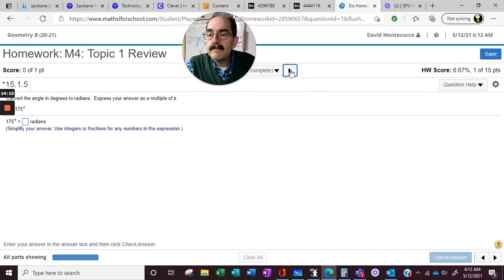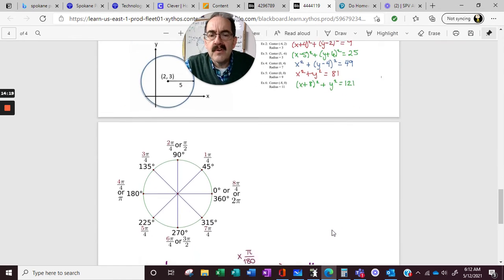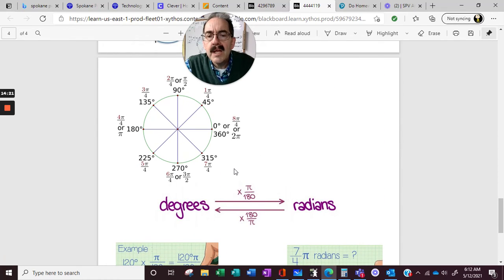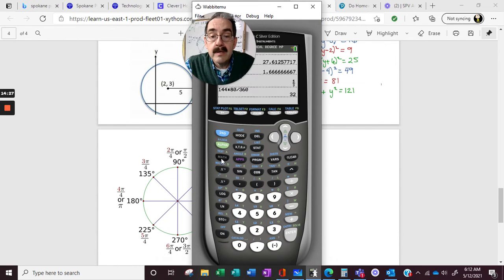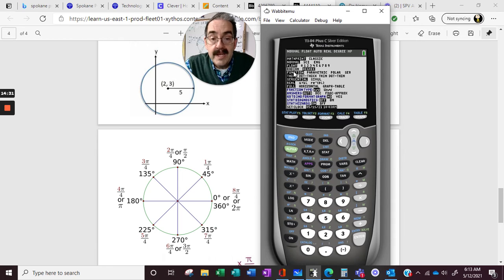Same problem. Okay, converting. For those of you that want to push yourself, we need to convert from degrees to radians. Okay, you and I grew up with degrees, but our calculator works in radians.